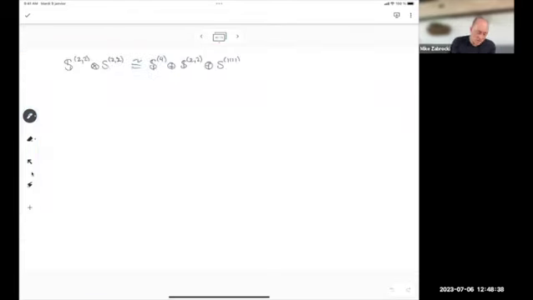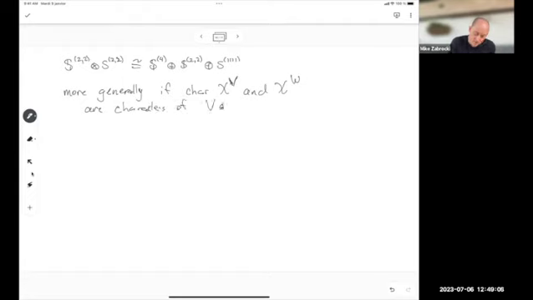Okay. So more generally, if chi v and chi w are characters of V and W, then the character of the tensor V tensor W is the pointwise product of their characters.